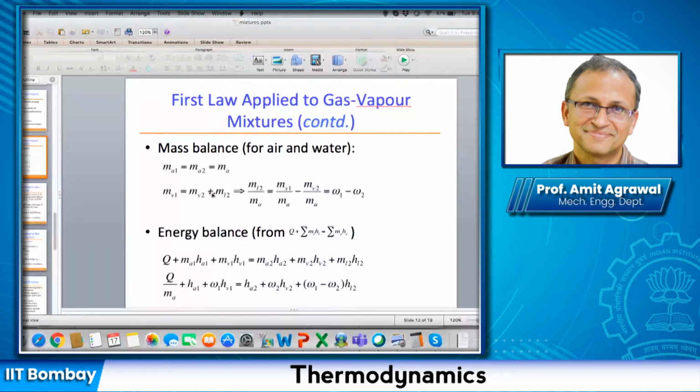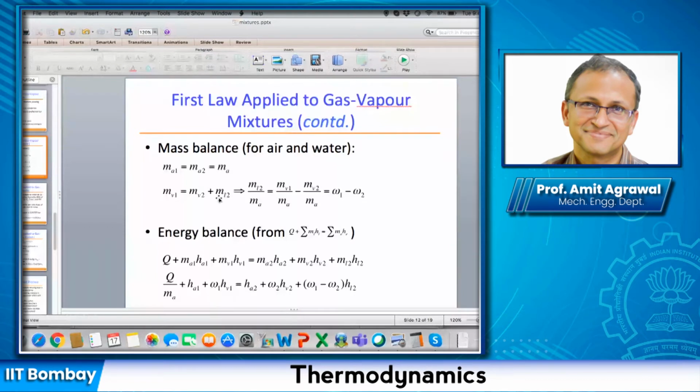In a mixture, we have to look at the balance of air and the balance of water separately, because these masses cannot interchange. Of course, the energies can interchange; energy given by air can be absorbed by water and so on. So we have only one energy equation, but two mass balance equations, one for air and another for water.